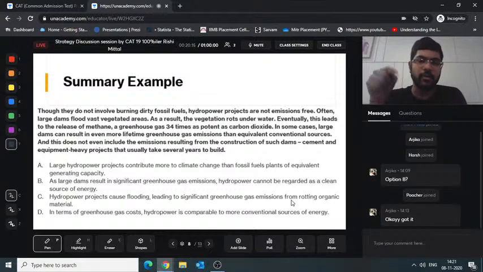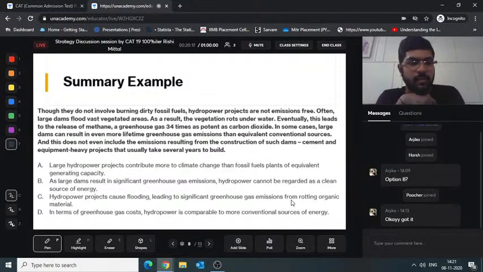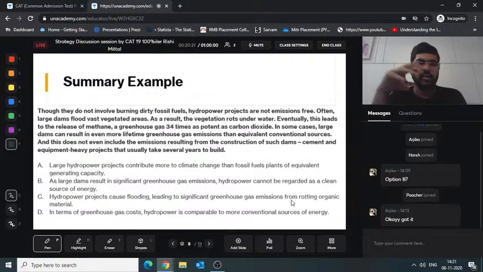Okay, so hydropower projects can be related to dams. Perfect. As a result, the vegetation rots underwater. Eventually, this leads to the release of methane. Okay, so large dams flood the vegetated area, the vegetation rots and leads to methane, which is a greenhouse gas. Perfect.